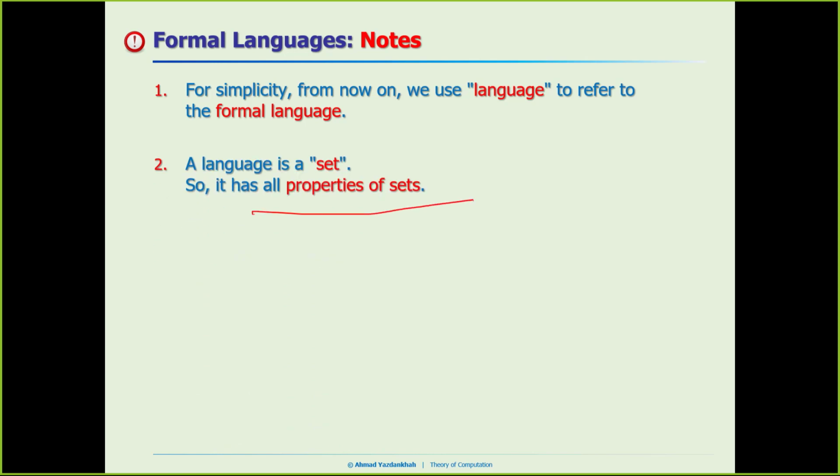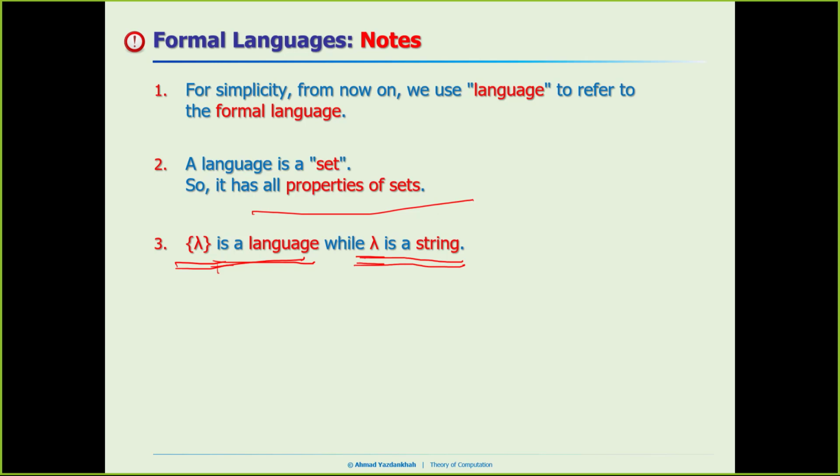The third note is to pay attention that this one we just mentioned is a language, so it is a set, but this one alone is a string, an empty string. Sometimes students make a mistake between these two. If you understand the nature of each one, then you won't get confused at all.